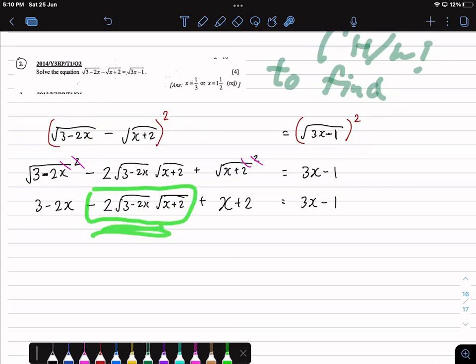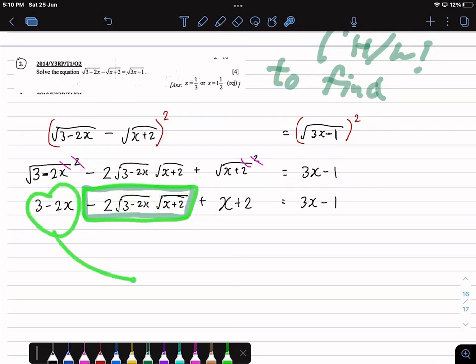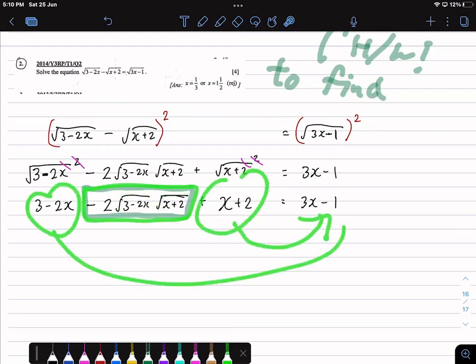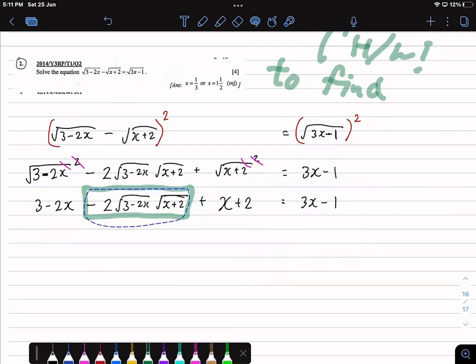So I'm gonna make this guy the subject. Are we clear on that? You're trying to rescue the x from the collapsed building, the square root. Then you need to square it. So you need to isolate it on its own. So bring everything that's not underneath the square root to safety. Escort them away from the collapsed building. Bring them away to safety. Bring them away to the right-hand side. So we're gonna make this guy the subject.